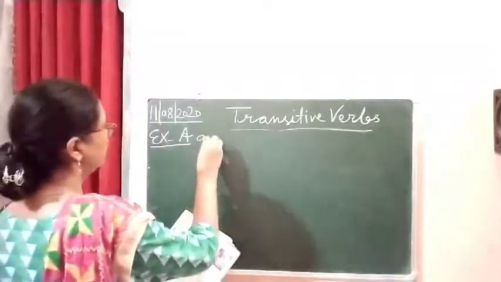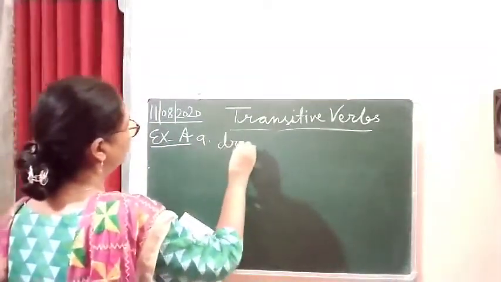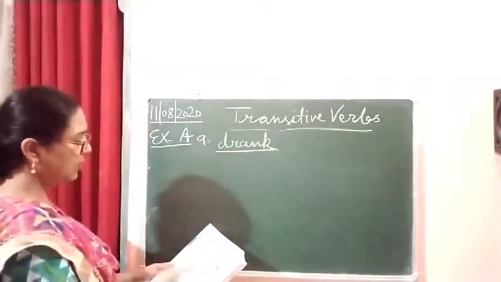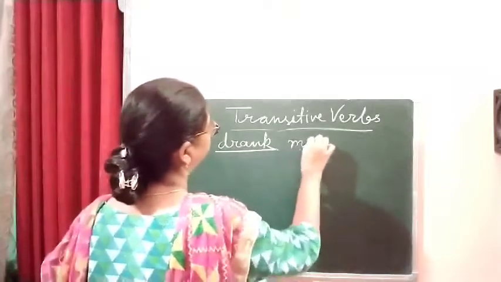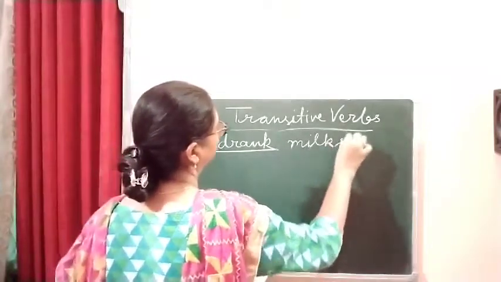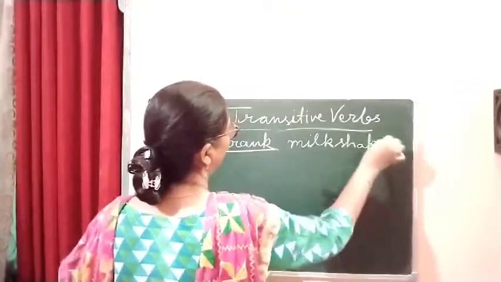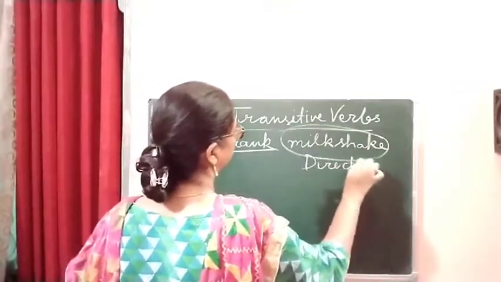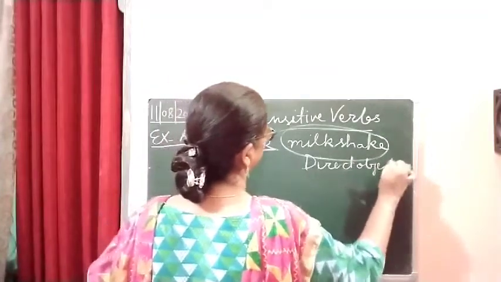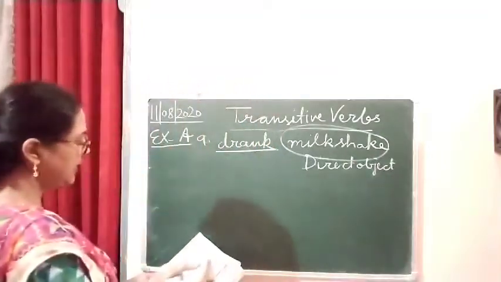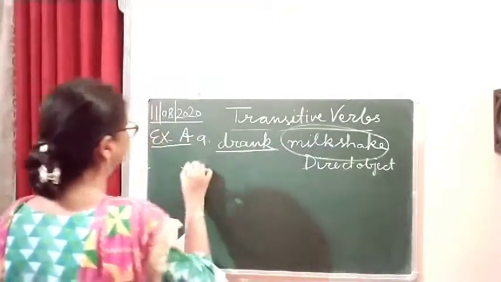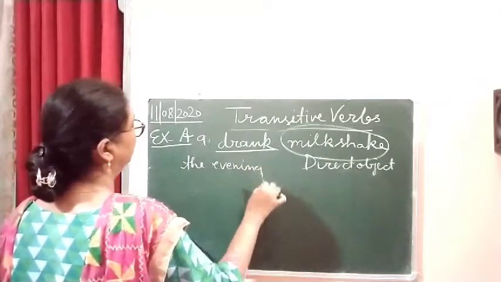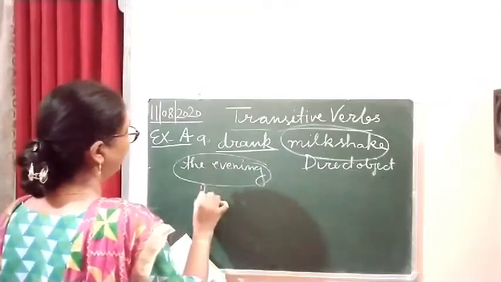Now the verb is drank. Milkshake is the direct object. And what is next? In the evening, indirect object.